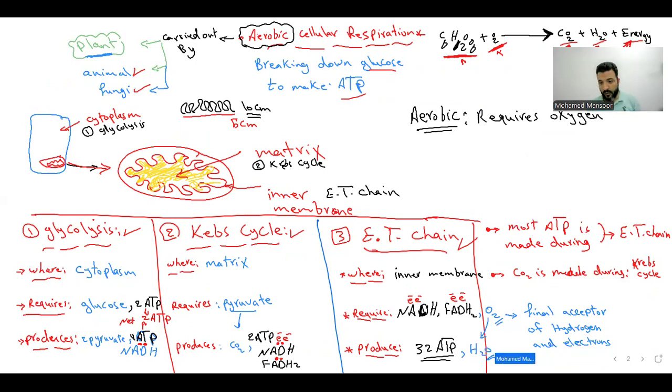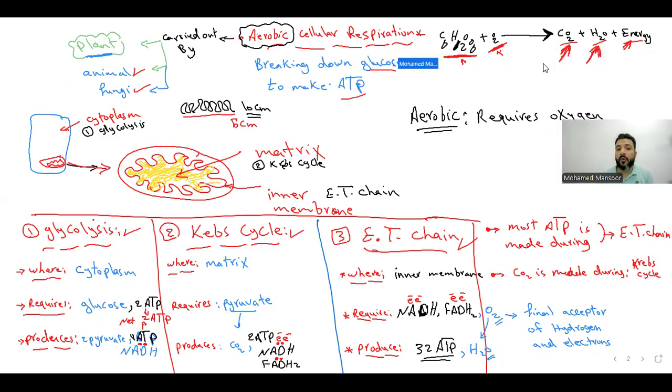As you see here, we broke down the glucose totally and we get the energy we need as ATP, right? And when we broke down the glucose in the Krebs cycle, we produced carbon dioxide.